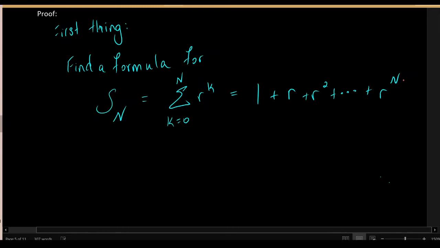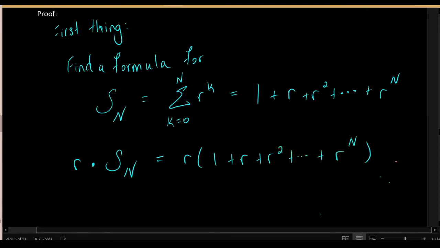Now notice something. What happens if I take r, the common ratio, and multiply it by Sn? Then I'm going to get r times 1, r times r, r times r squared, and so on, all the way up to r to the capital N.